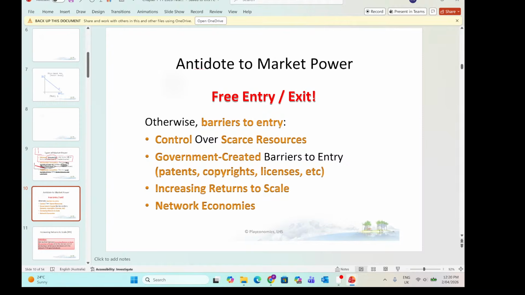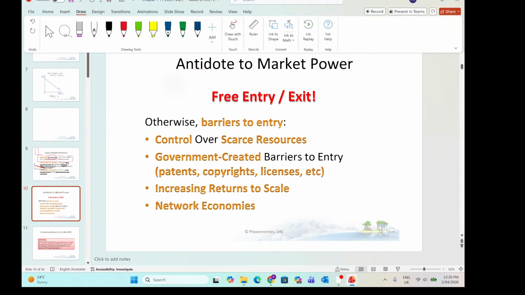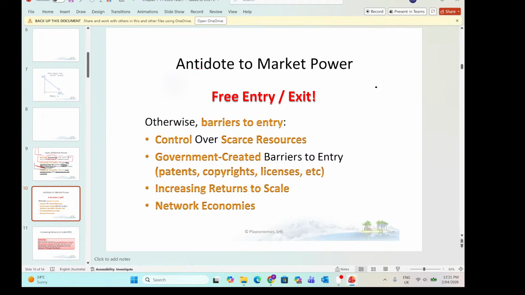Okay, now, what gives a firm market power? What allows a firm to have market power? Market power can come because a firm has control over the scarce resources.